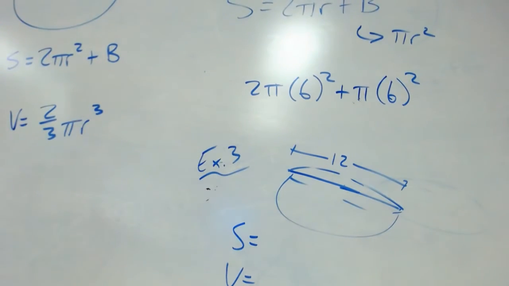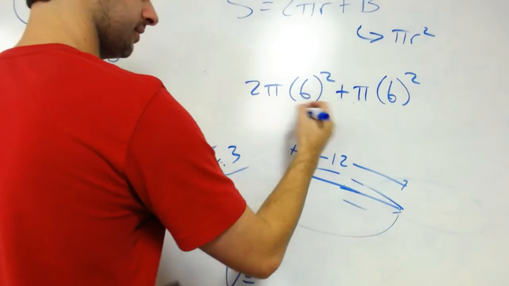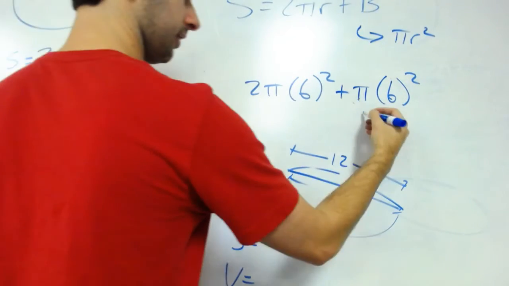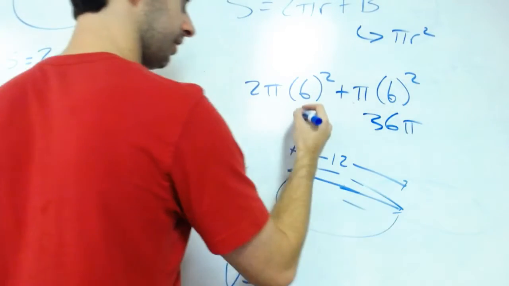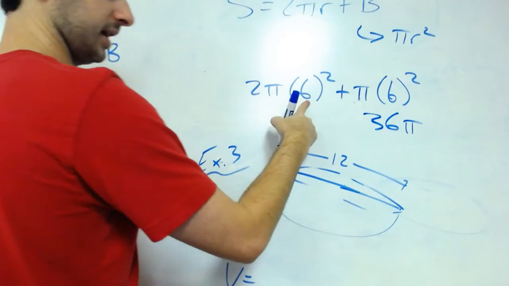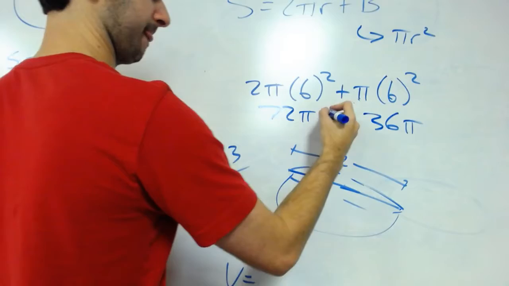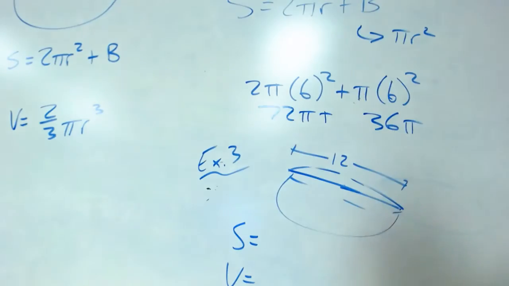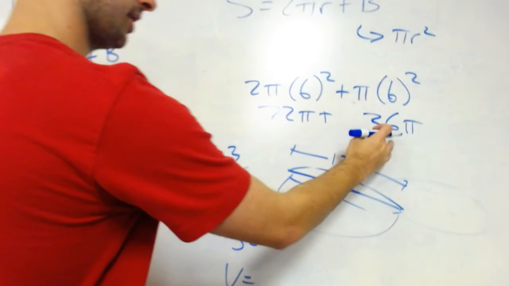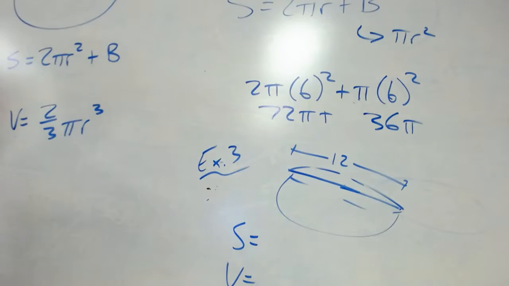And then we solve. So 6 squared is 36, or 36 pi there. 36 times 2 is 72. And it wants the answer to the nearest hundredth. So 36 plus 72 is 108 pi.